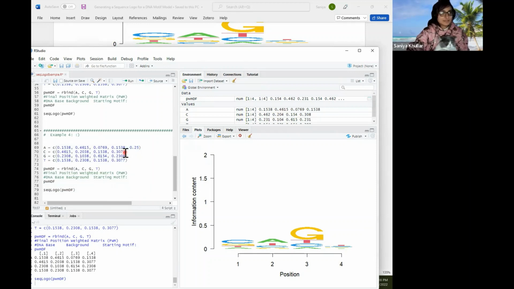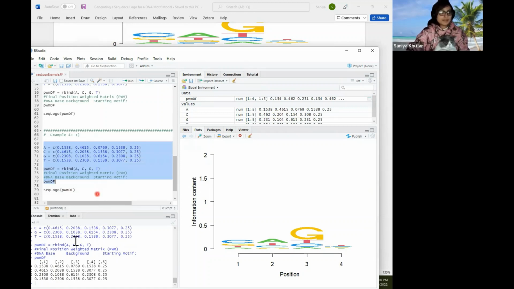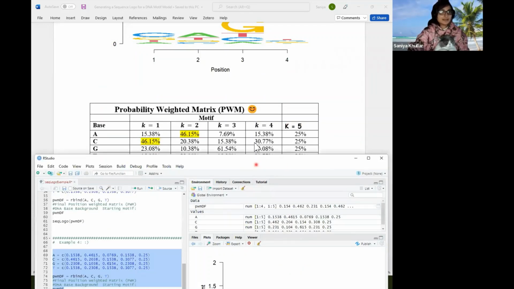This is the typical, what we would expect by randomly choosing a base. So we added in this fifth column of 25, 25, 25%. You can see that we added that in there.